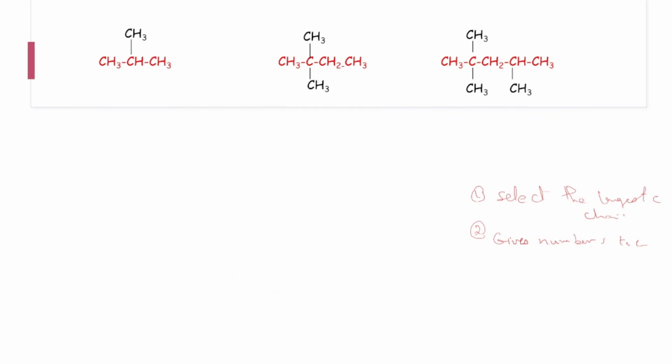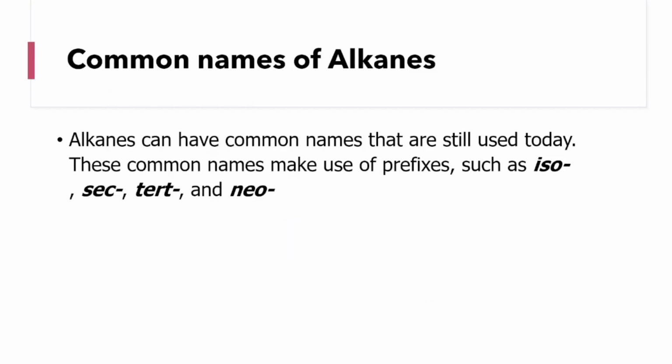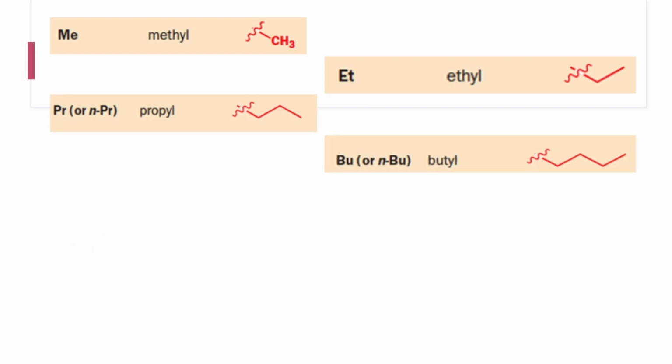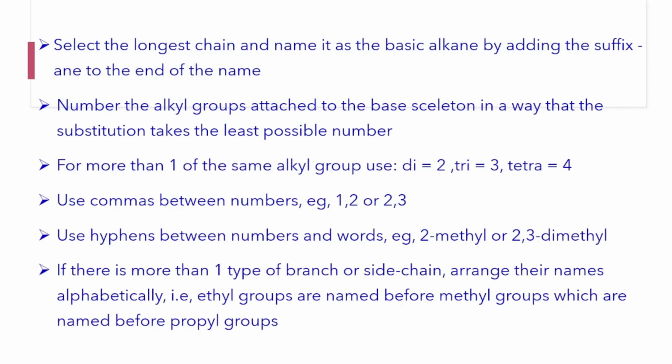If you go back to the IUPAC rules, you can see that one of the important rules is that when you give numbers to the carbon atoms, by simple revision of the IUPAC rules, one important sentence is: when you start numbering the carbon chain, number them in a way that the substitution takes the least possible number.